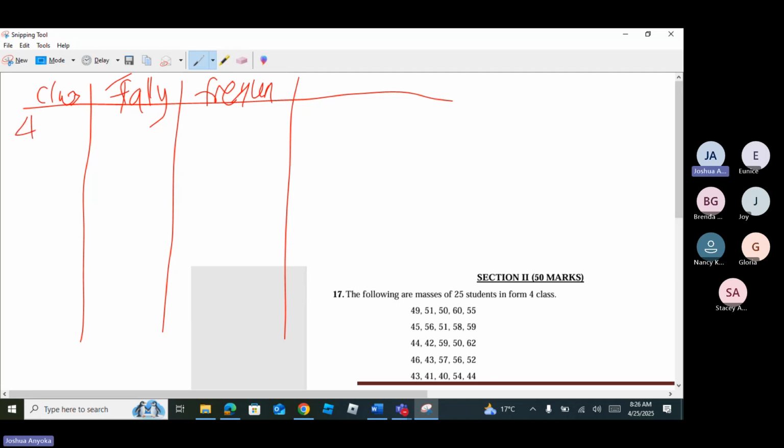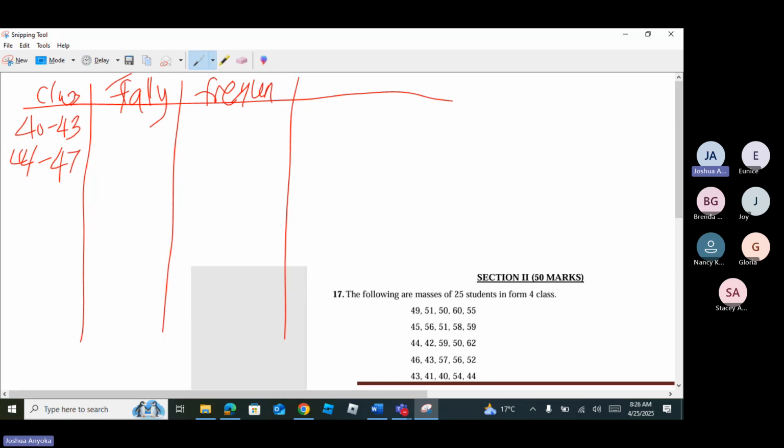So we have 40 to 43. The highest value in this case is, we will know along the way, but I'm saying 59. So 43 minus 40 is 3. So our next class would be 44, I want you to note that, to 47. 44 plus 3 is 47.